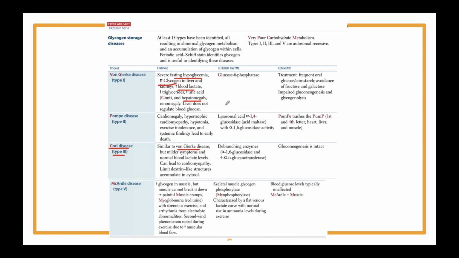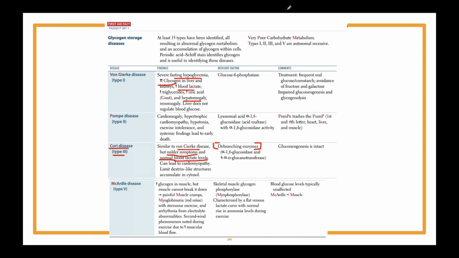But if you look at Cori's disease, it says it's similar to von Gierke's, but milder, and blood lactate levels are normal. So I think a lot of people selected glucose 6 phosphatase because it sounded like von Gierke's, but those lactate levels were normal, not elevated. So in Cori's disease, the deficient enzyme is debranching enzyme, which was answer choice B, or the correct answer, okay?